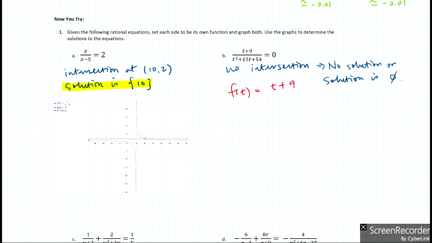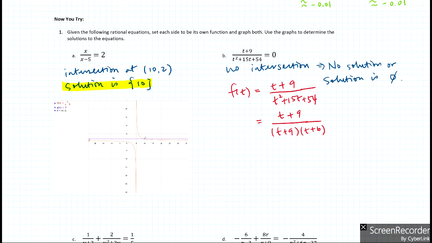It's t plus 9 over t squared plus 15t plus 54. When we want to simplify any rational expression, we want to think about whether there's any factorization we can do. On the denominator, we can factor this further to be t plus 9 and t plus 6.